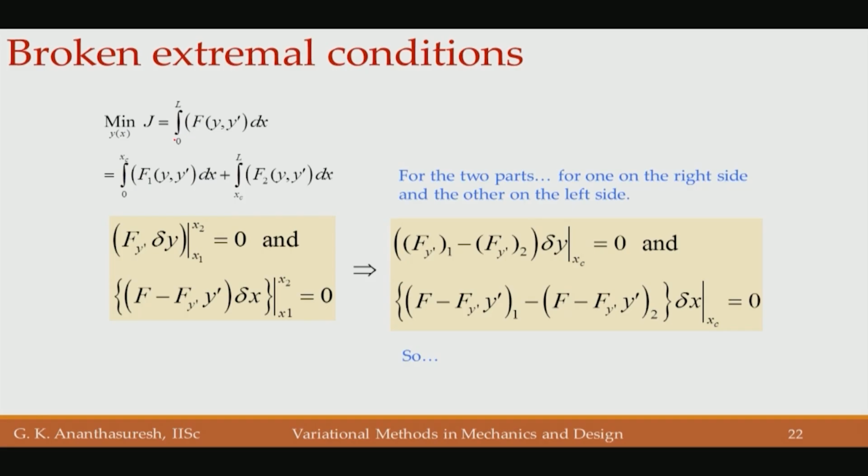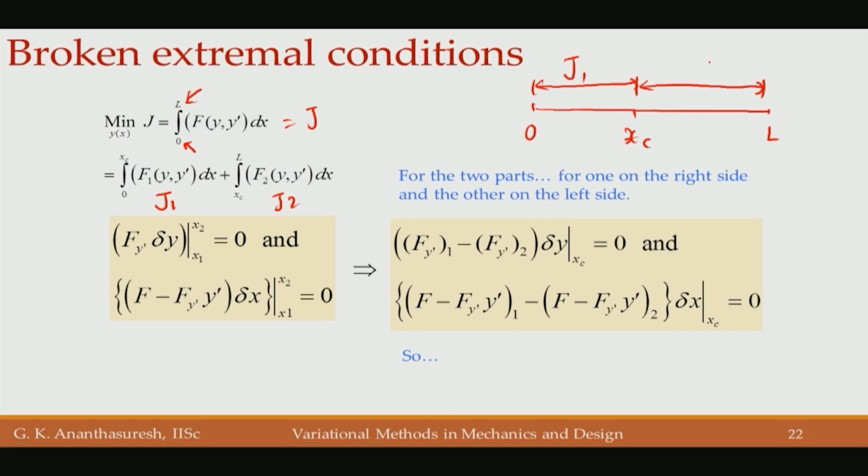If I have a problem where I have to go from 0 to L, I will draw the domain, and if I suspect that at some point in between there might be a broken point, meaning a non-differentiable point, let us call that xc, our original functional J we can split into J1 and J2, that is from here to here J1, and from here to here J2.